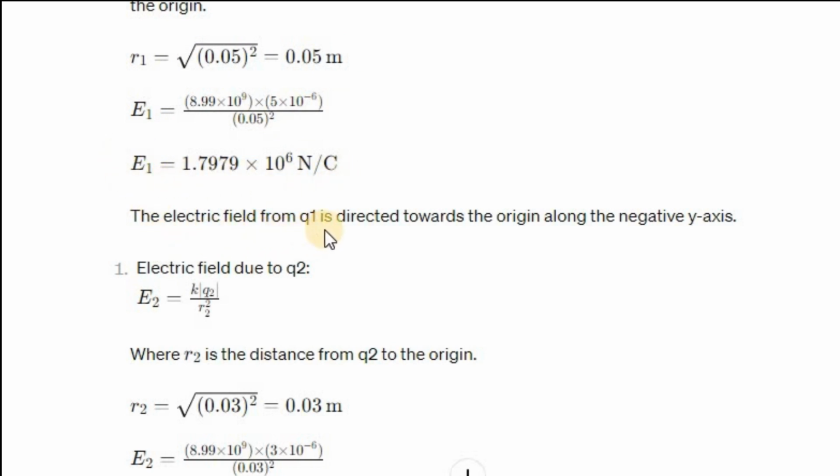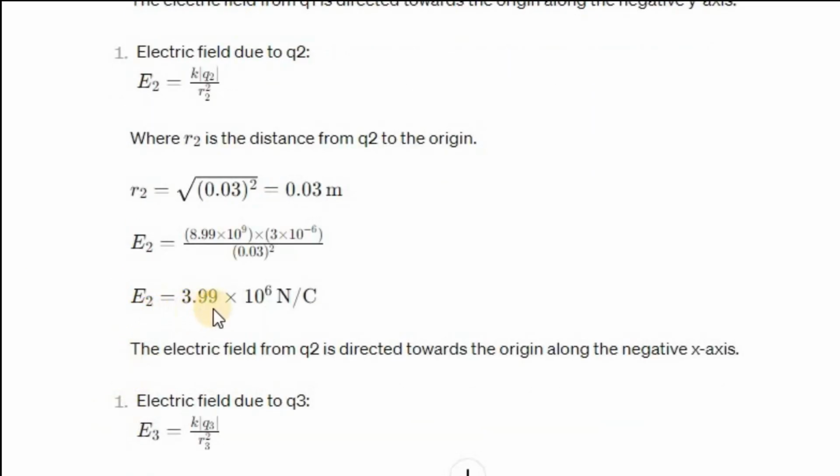The electric field of Q1 is directed towards the origin along the negative y-axis. Electric field due to Q2: E2 equals k Q2 over R2 squared, where R2 is the distance from Q2 to the origin. The electric field of Q2 is directed toward the origin along the negative x-axis.